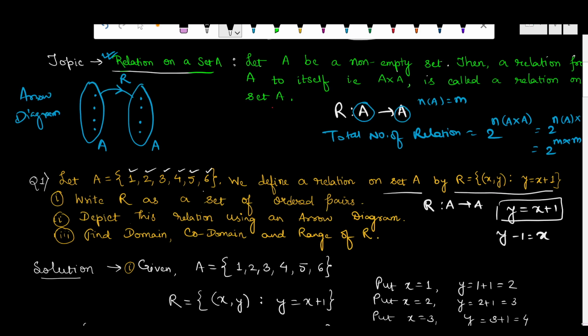We are asked to find the domain, codomain and range, and we have to write R as a set of ordered pairs, and we need to depict this relation using an arrow diagram, right?